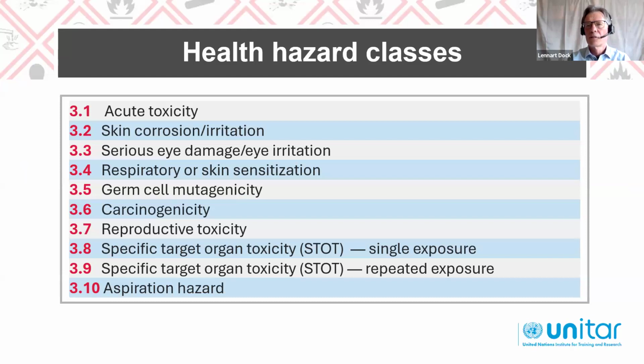And these are very serious health effects, of course. Then we have 2 hazard classes for specific target organ toxicity. So some chemicals may cause damage to specific organs in non-lethal concentrations, either after single exposure or repeated exposure.